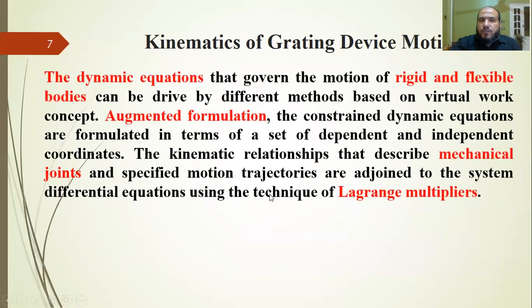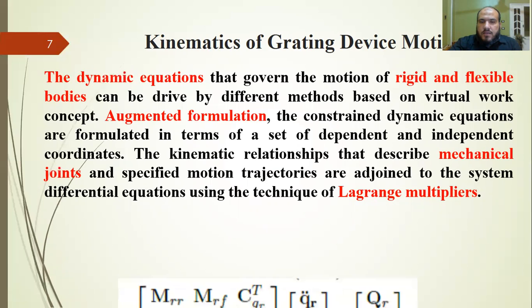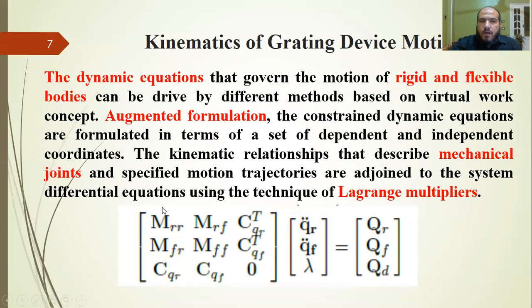The dynamic equation of motion that defines the motion of the rigid body and the flexible body can be derived using augmented formulation in this form, where MRR is the mass matrix of the rigid body, MFF is the mass matrix of the flexible body, CQ is the Jacobian matrix which can be derived from the constraint equation, the partial derivative of the constraint equation by the generalized coordinate.